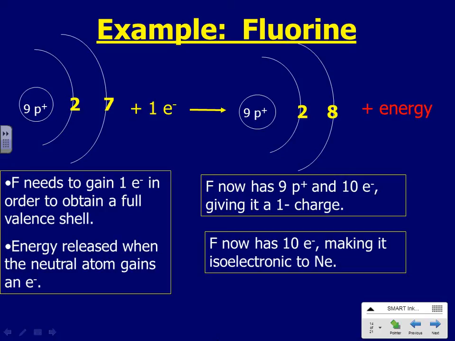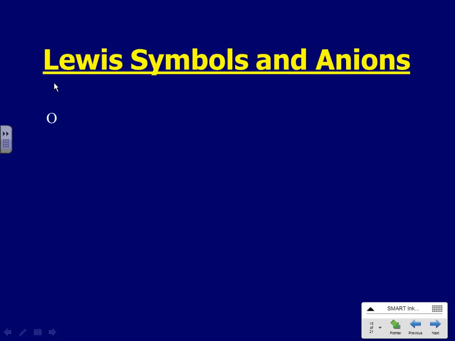Let's do some Lewis symbols for some anions, and I do want you to write this one down, because eventually you'll be doing this on your page for homework. The example I want you to do is oxygen, so I'm going to draw a nicer, larger oxygen. These are the Lewis diagrams. Do I need the dots and the square brackets? Yes.